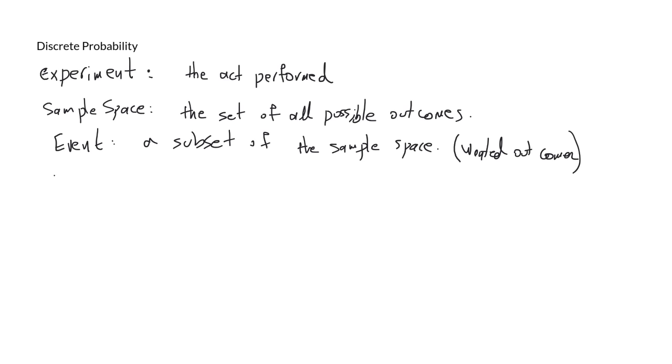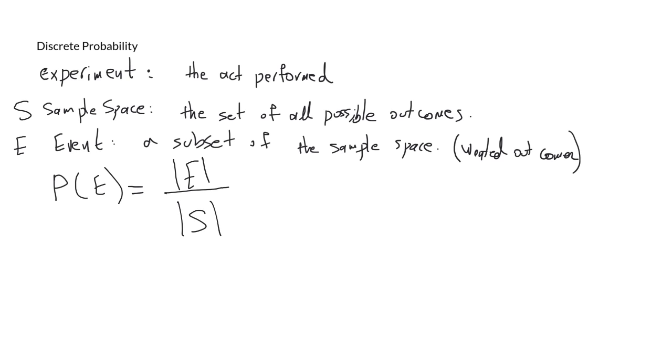And then the probability of an event, so let's denote the event by E. The probability of E, by definition, was the number of elements in the set E divided by the number of elements in our sample space.